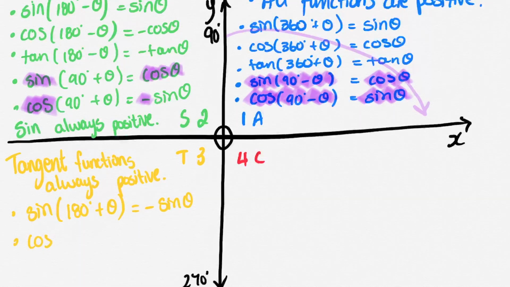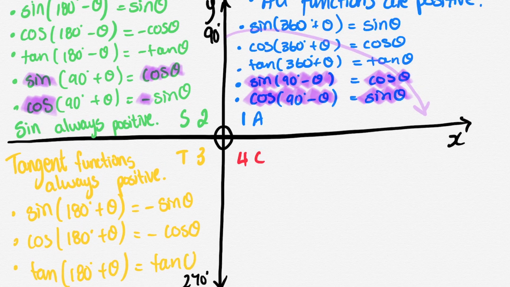We say that sine is negative here because only tan is positive. The same goes for cos. Cos of 180 plus theta is in the third quadrant, meaning that it's a negative cos theta. Tan of 180 degrees plus theta stays positive as tan theta. Here we go. Sine is negative, cos is negative, and tan is positive.